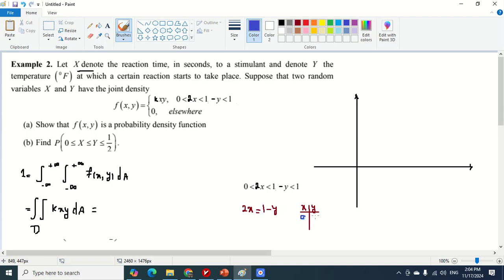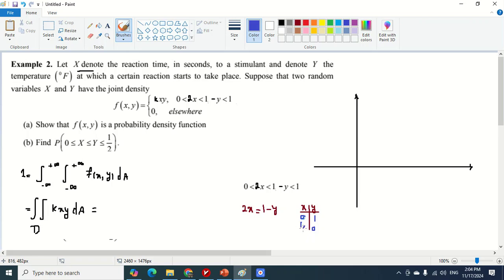Put 0 over here, the left side will be 0, and shift y to the other side to see that y is equal to 1. And if I put 0 for y to find the x-intercept, then 2x is equal to 1, or x equal to half.